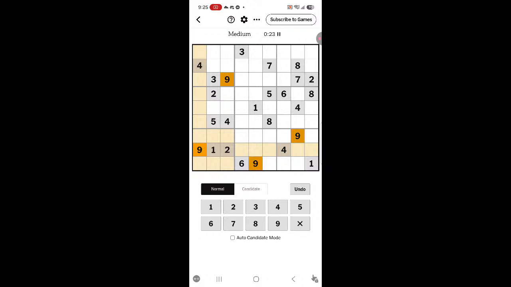But there's a 9. There's another 9. Another 9 has to be, like, it either needs to be here, which it could, or it needs to be up.